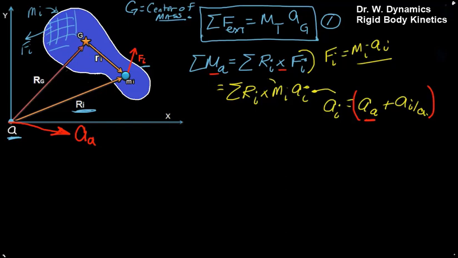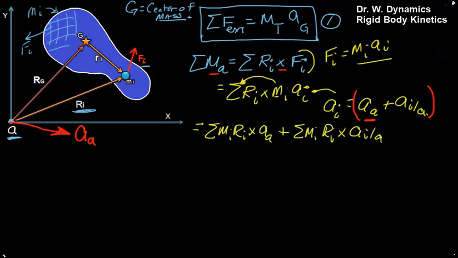Now this m is a scalar, so I can move it over here just to keep it out of the way. And we'll get next the sum of the mi ri crossed with aA plus the sum of the mi ri crossed with a of i with respect to A, if we use the distributive property on the two parts of ai.